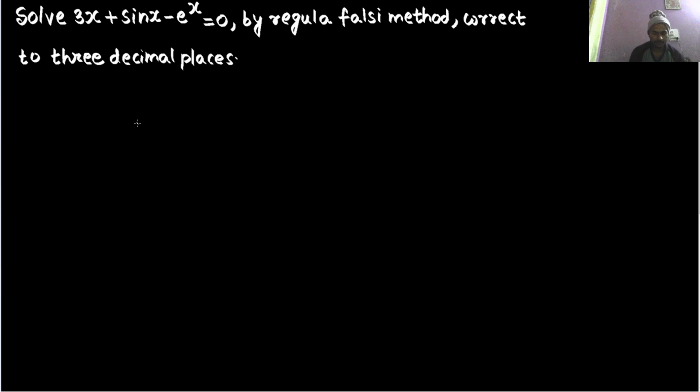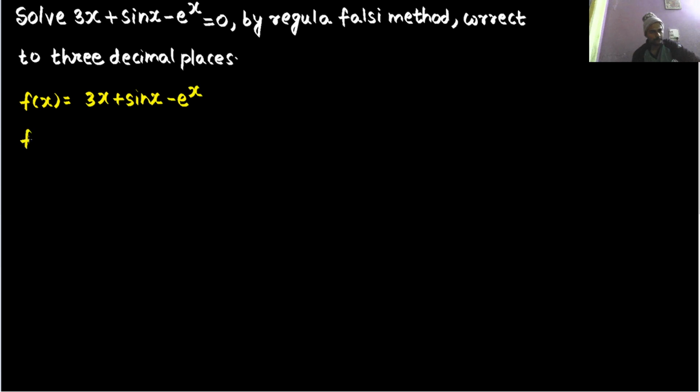So the first step will be similar to the bisection method: find the interval in which the root lies. If you check the value at 0, f(x) is what we will be writing first, which is 3x plus sin x minus e power x.